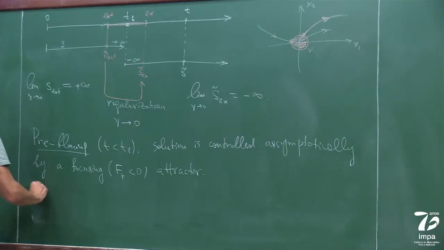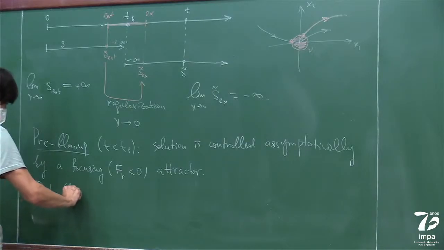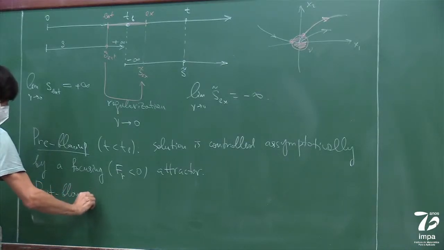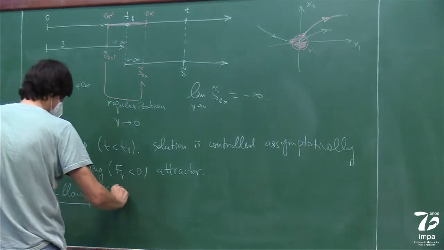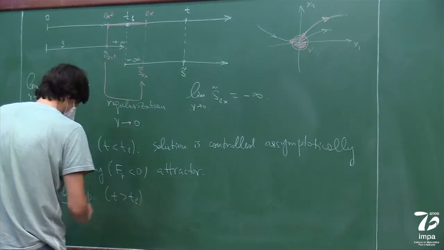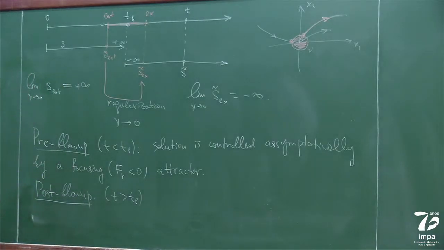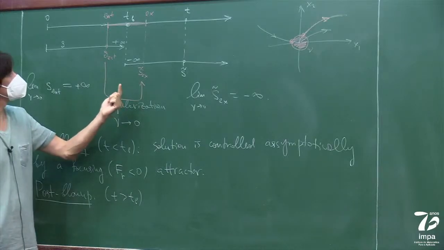And quite a different situation is the post-blow-up. For post-blow-up, which means T bigger than TB, the limit is opposite.